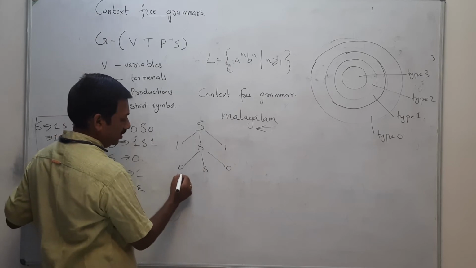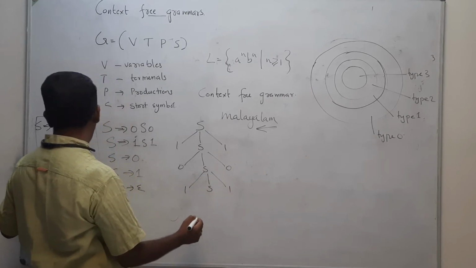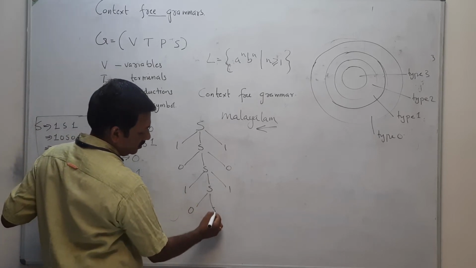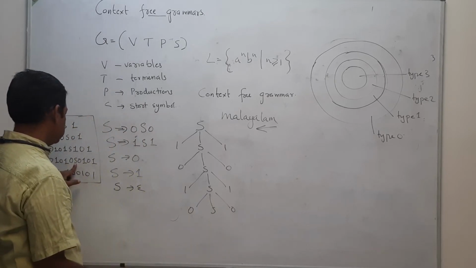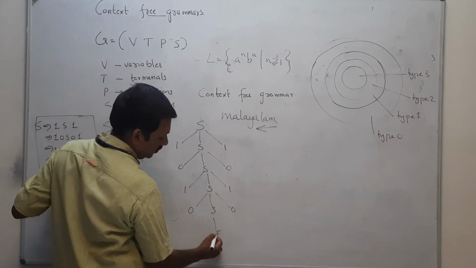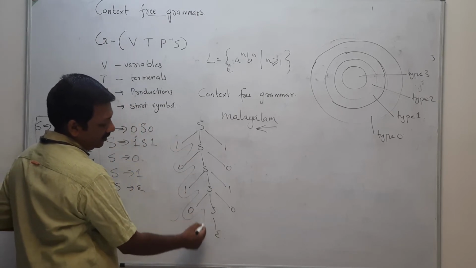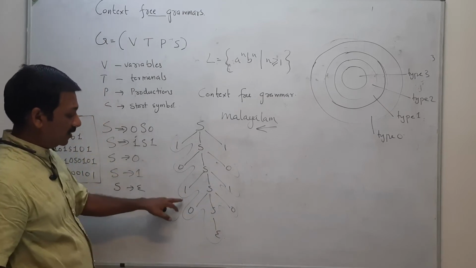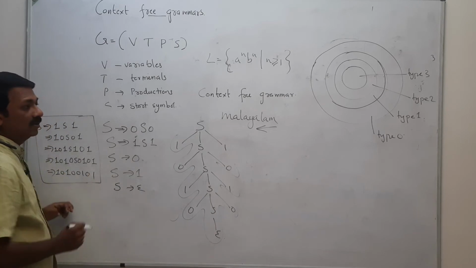Next is 1 S 1. Next is 0 S 0. And from this S is epsilon. That means when you are reading like this, what will happen? This is 1, 0, 1, 0, 0, 1, 0, 1. That is the final one.